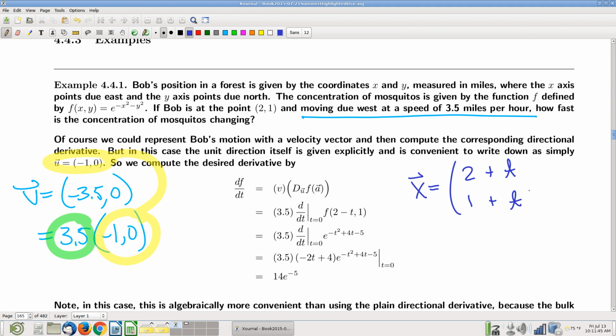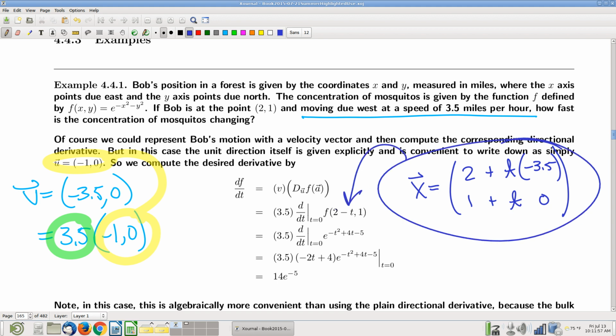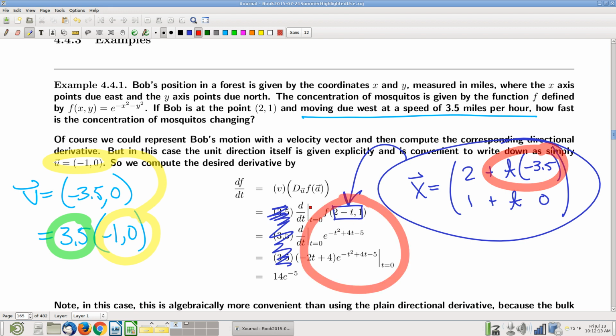My velocity was (-3.5, 0). That's what would have gone in there and plugged into the function. This factor wouldn't be there anymore. And let me tell you why I don't like this. Now there are fractions that are going to carry through the algebra.